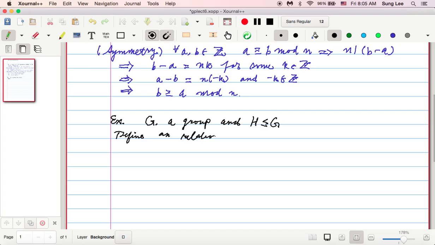Of course, here what I mean by relation is binary relation. We are considering only binary relations, but in general there are ternary relations, and so on and so forth, more general relations.